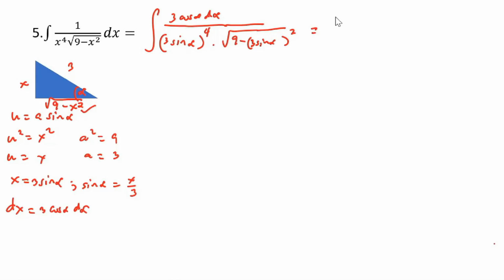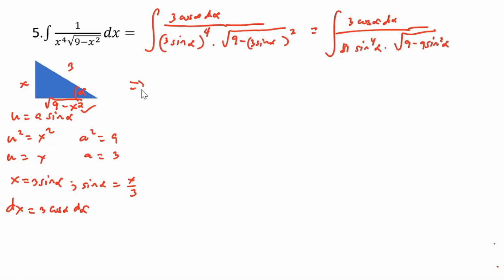Simplifying this, we can write now 3 cosine alpha d alpha all over 3 to the fourth power, which means 81. And then we have sine to the fourth power of alpha times the square root of 9 minus the square of 3 sine alpha, which can be written as 9 sine squared alpha.